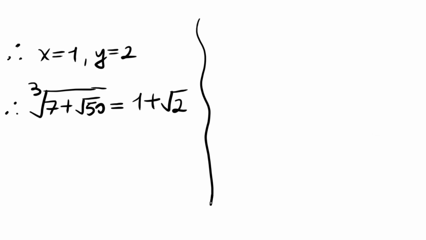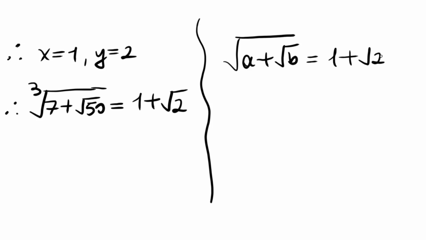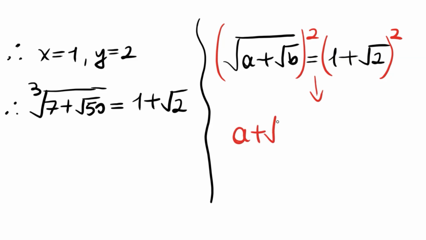Our question is the square root of a plus root b is equal to the cube root of this number. So this is equal to 1 plus root 2 now. Squaring both sides, we will write a plus root b, cancelling the square root outside.